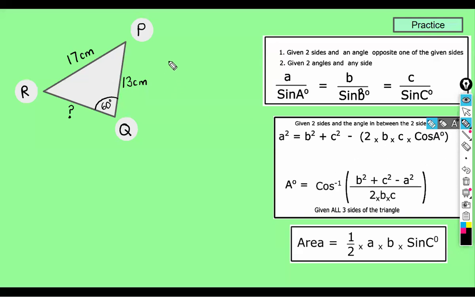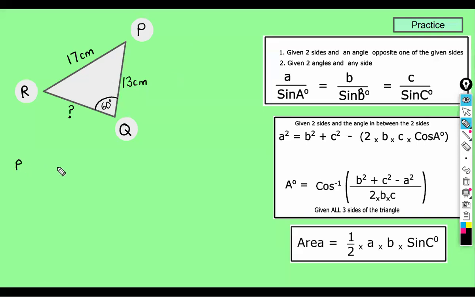So here's what. Let's write the sine rule for this particular triangle. It doesn't matter which order, but I'm going to use P, Q, and R, right? And remember, the common letters will go on top. It's kind of hard to fit everything here because we have to have the formulas on the screen at the same time.